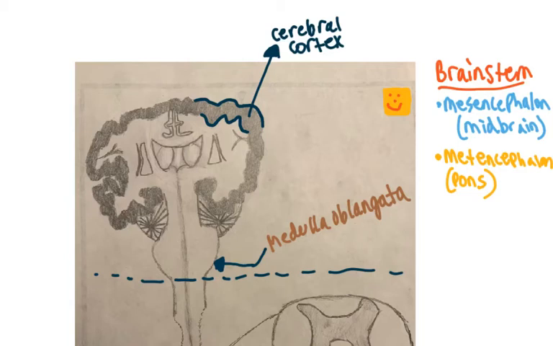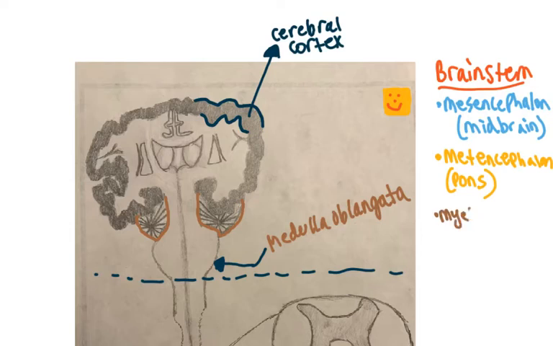You can see it right here. I tried to draw the arbor vitae of it, which are just lines of white matter. The second part of the brainstem is the pons, and the last part of the brainstem is the medulla oblongata, also called the myelencephalon.